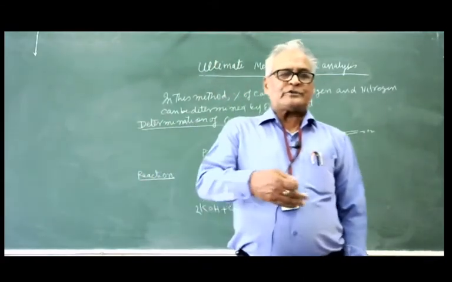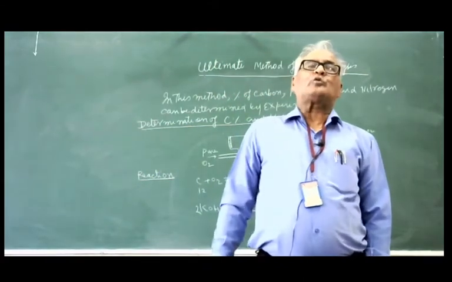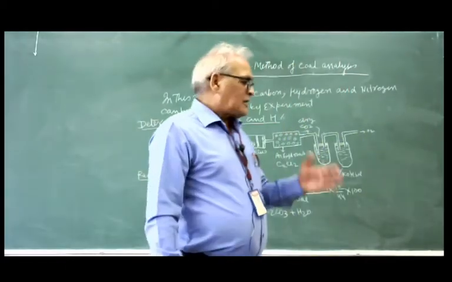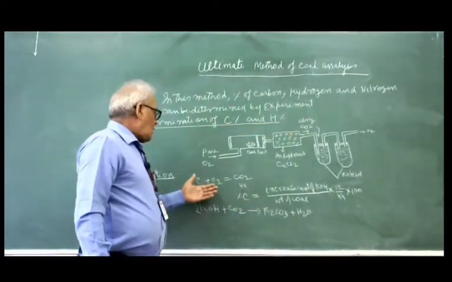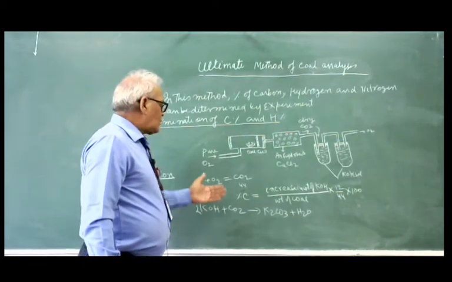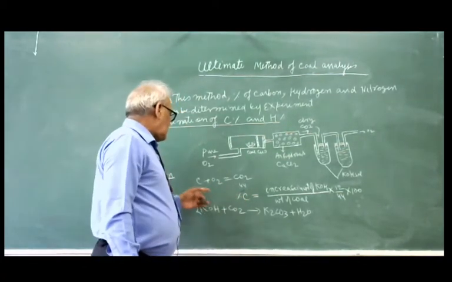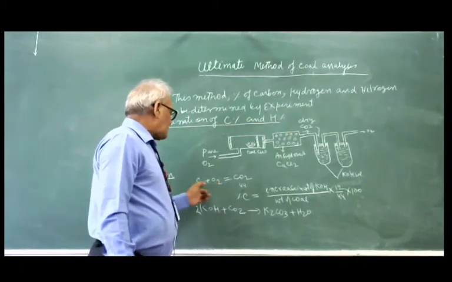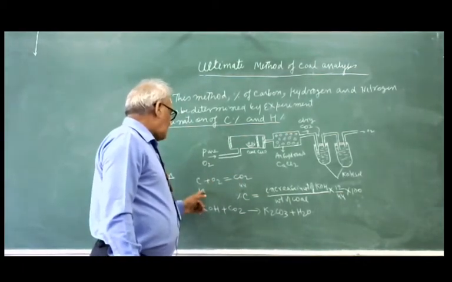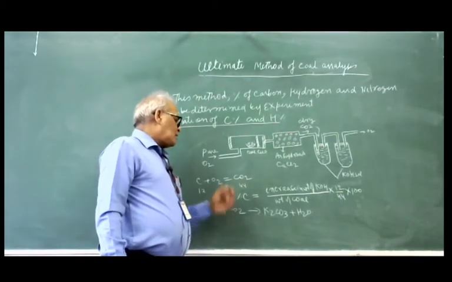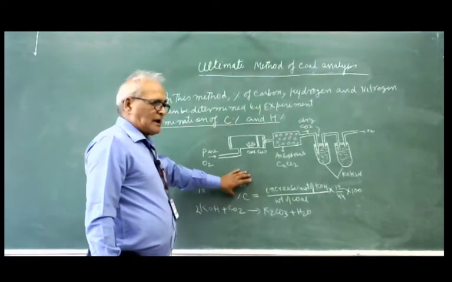Now, the question arises, how to calculate the percentage of carbon and hydrogen? Just see, for calculating the percentage of carbon, we see here from the reaction, 12 gram of carbon will give you 44 gram of carbon dioxide.